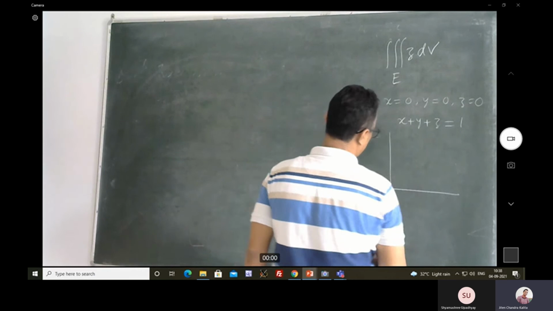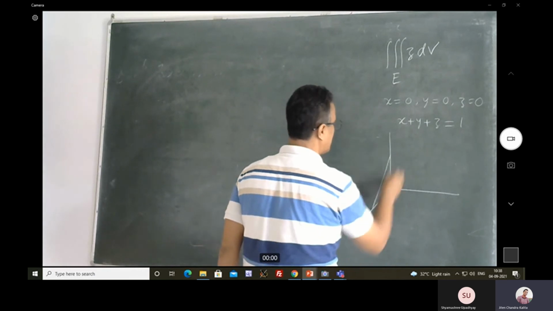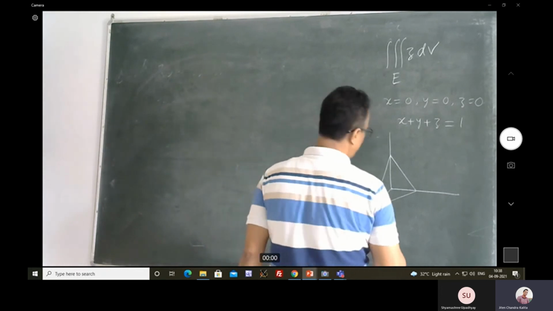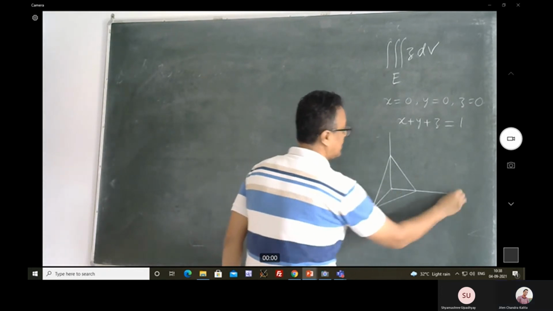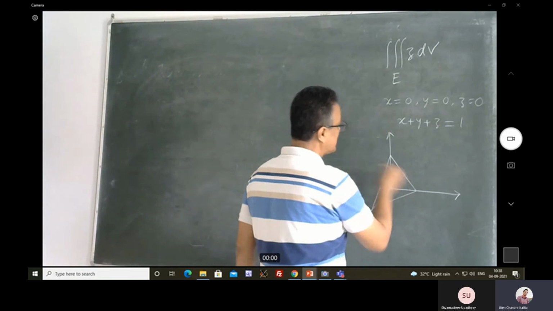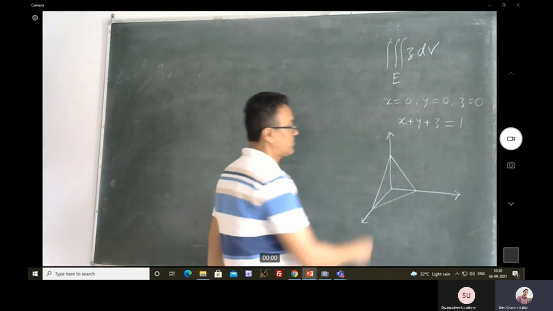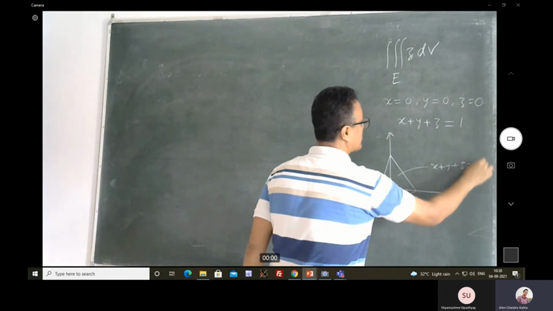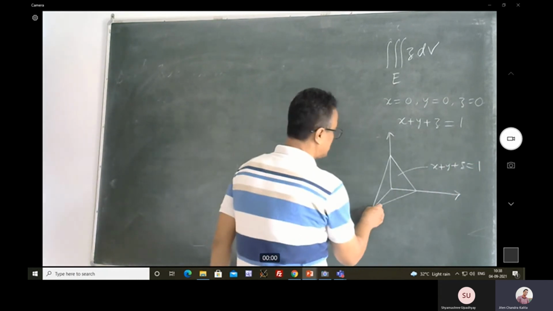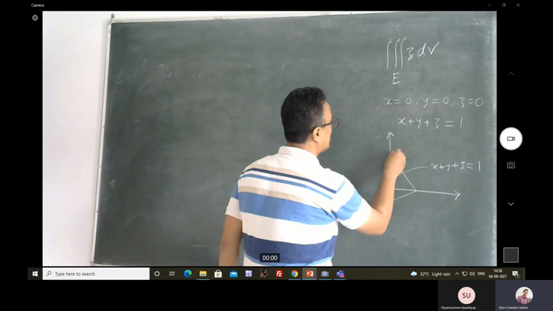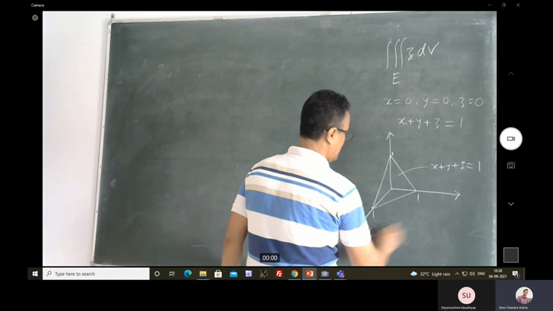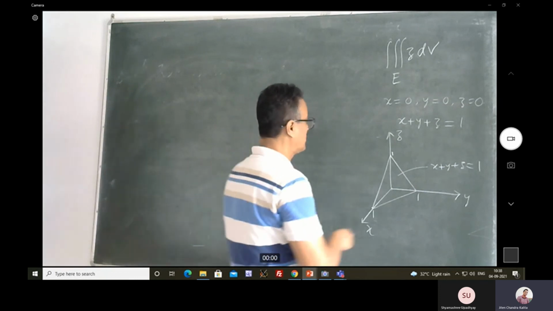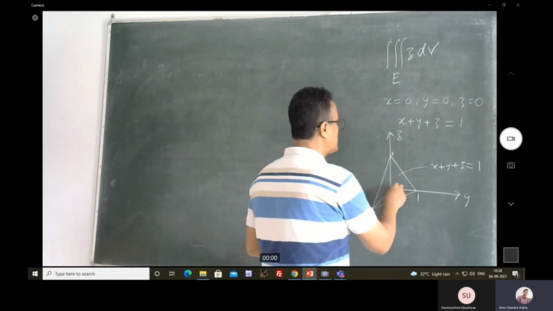This is straightforward to draw. I am considering this tetrahedron. This plane is x plus y plus z equal to 1, with intercepts 1, 1, 1 on the x, y, z axes. Now the region lying inside this tetrahedron.